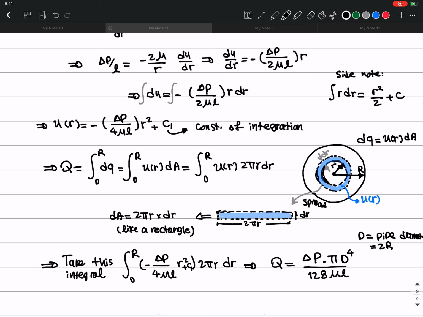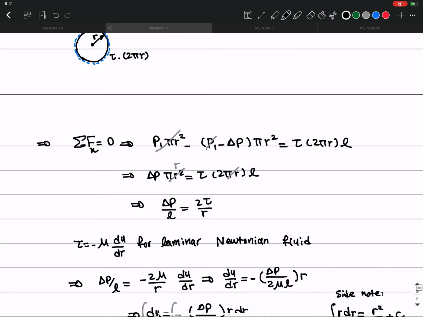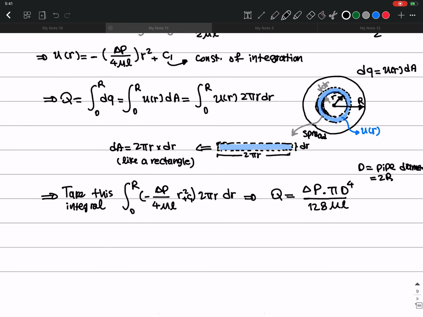So this gives me the total flow rate for a circular round pipe. And I know that the velocity V is nothing other than Q over A, or flow rate is V times A, we know that.